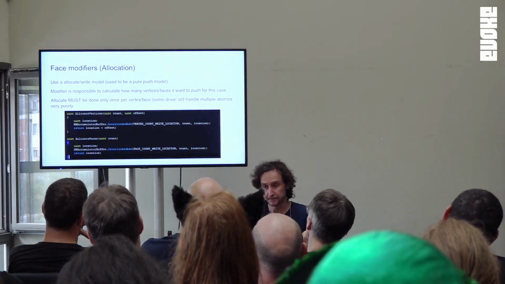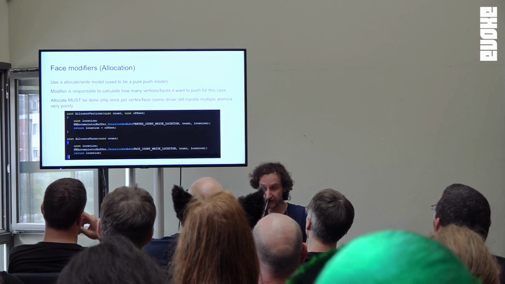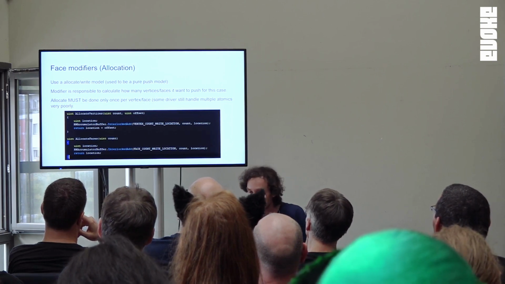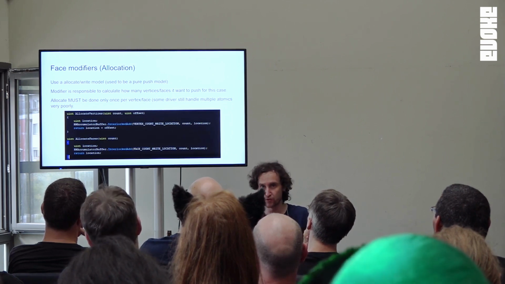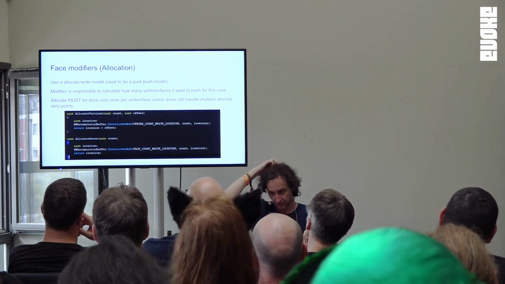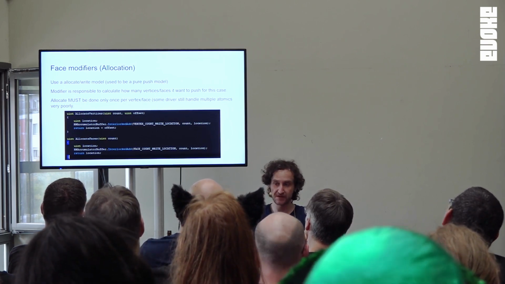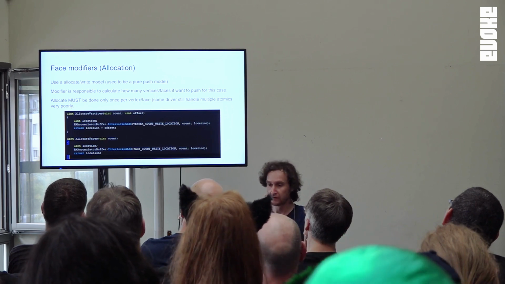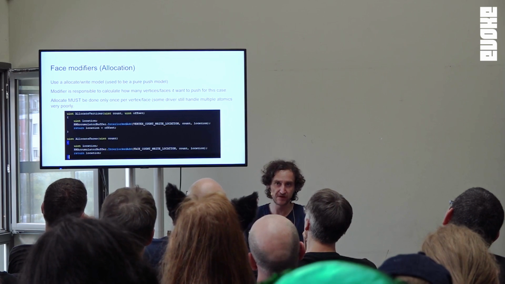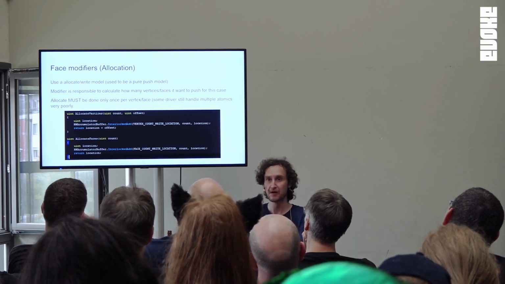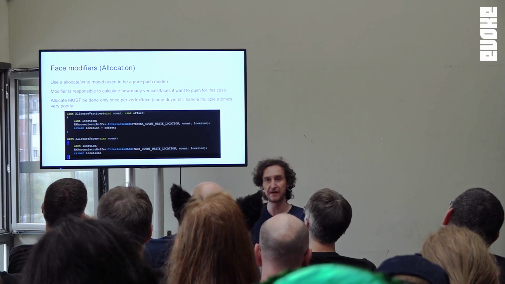So for face modifier, now we use this allocate model. That is when it becomes very difficult with atomics, because what we're going to say is every modifier is responsible to say how many vertices and faces it wants to push, because we're not into append anymore. With append, we could say, for example, append 3 triangles, and if we have this condition, append another one.